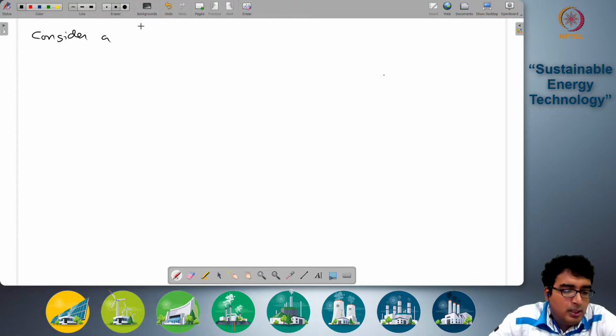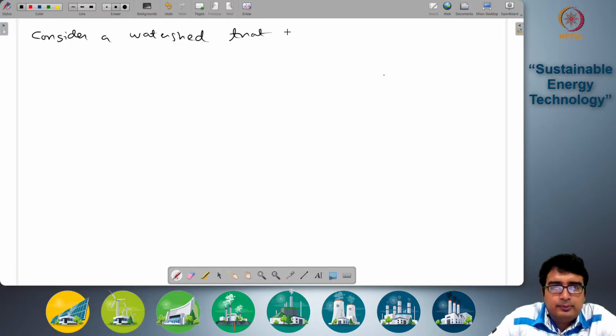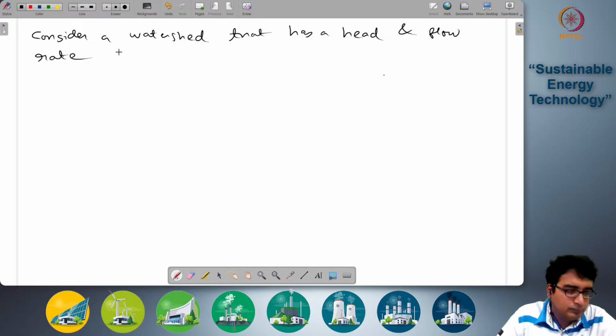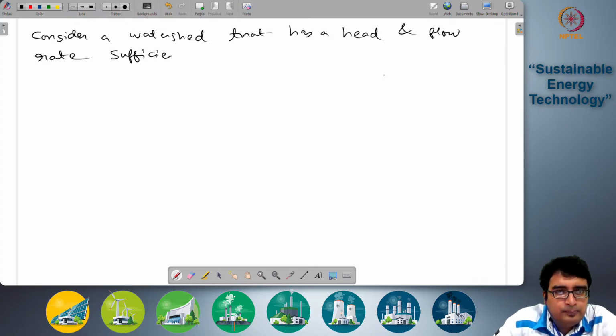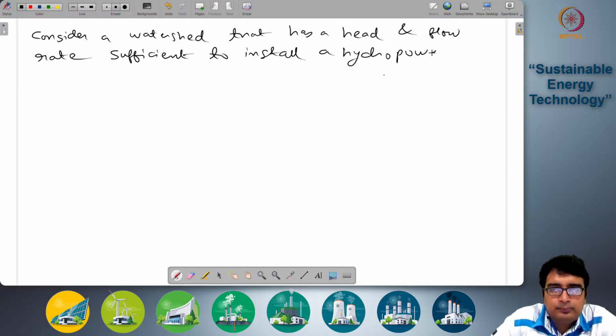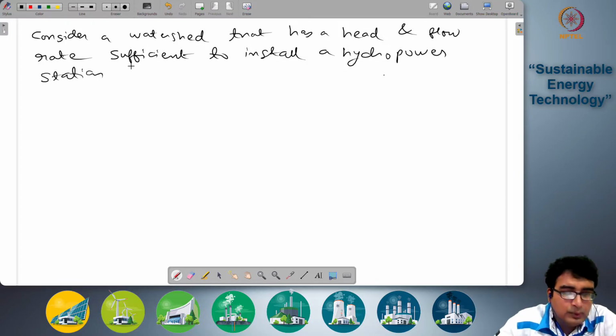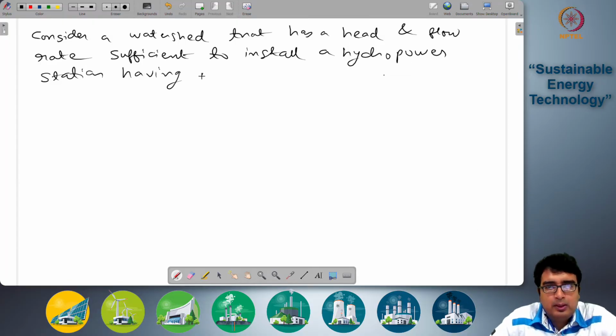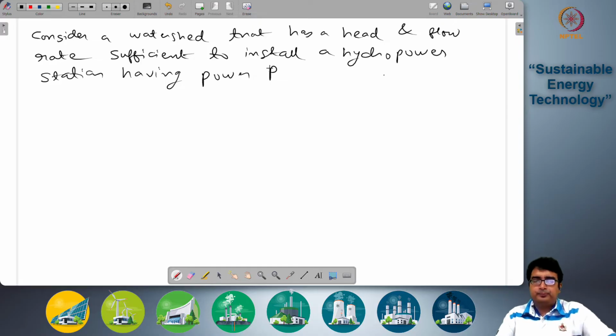Consider a watershed that has a head and flow rate sufficient to install a hydropower station having power P. Okay.